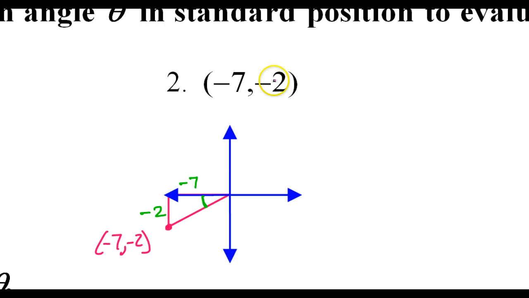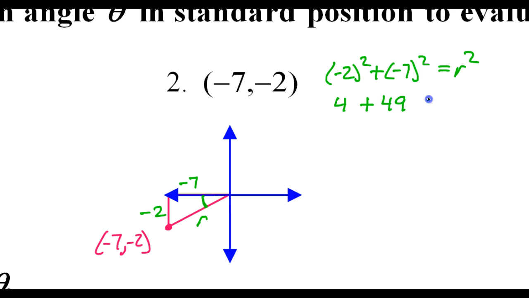Carried away. So we need to find this radius, a squared plus b squared equals c squared. So we are talking about negative 2 squared plus negative 7 squared is equal to the radius squared. That's going to be 4 plus 49 is equal to the radius squared. So that is 53 is equal to the radius squared.